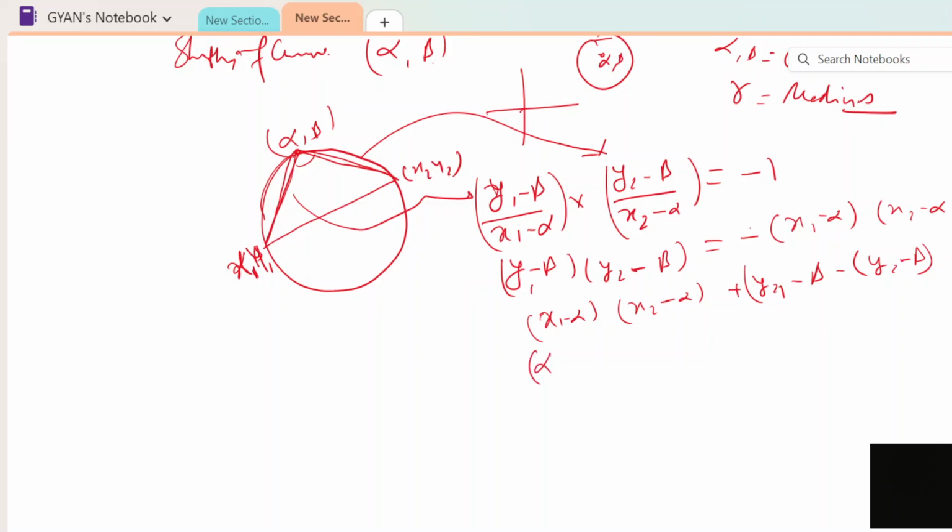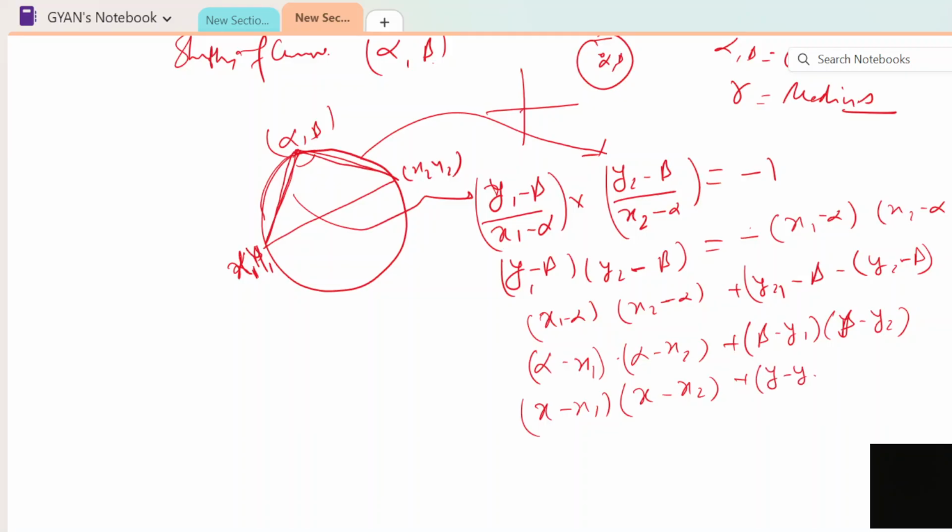Now you can write it this way also: (alpha minus x1) into (alpha minus x2) plus (beta minus y1) into (beta minus y2). So (x minus x1)(x minus x2) plus (y minus y1)(y minus y2) is equal to 0.